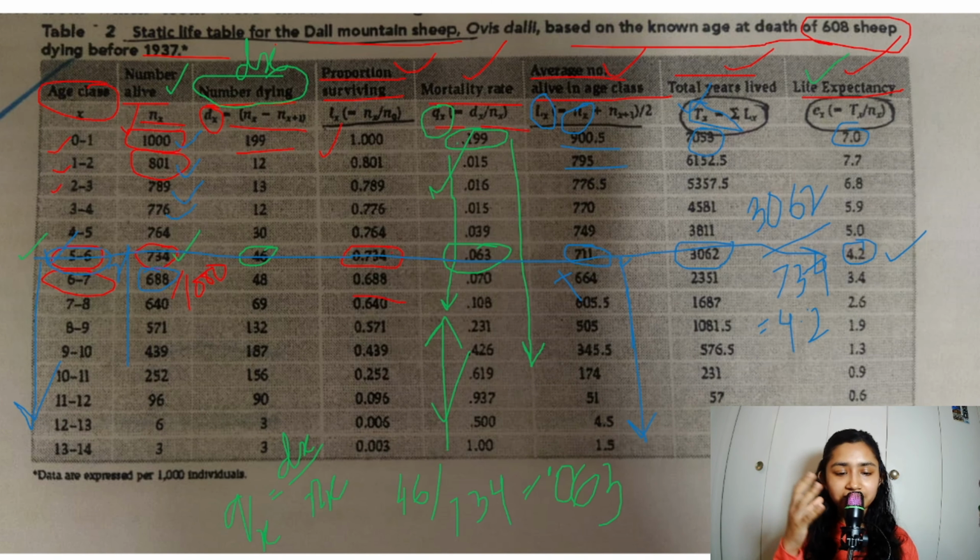So here you know how to take out the LX, and you know how to take out the QX. Now this table is very important, which states the life table and age specific fertility rates. Here again is the age class, the same data, and we want to take out the net reproductive rate here.